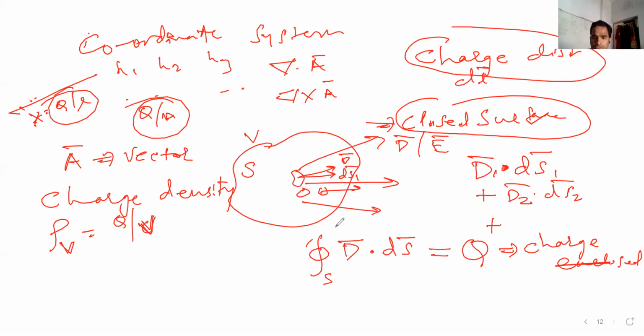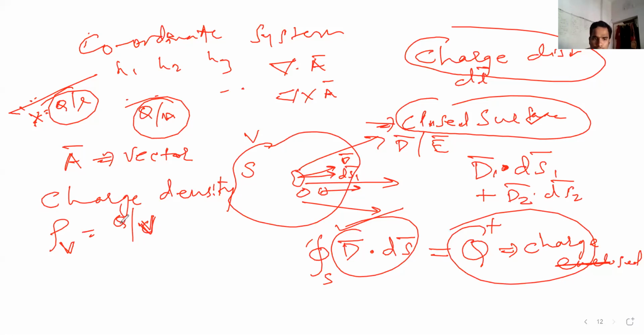This is Gauss law, where we study the closed surface. Along the closed surface there is an outward vector, and we use the dot product. Why do we use the dot product? Because the vectors can be along different directions, so to get the net outward vector we use the dot product. Now, what does divergence theorem say? We have the total charge enclosed.